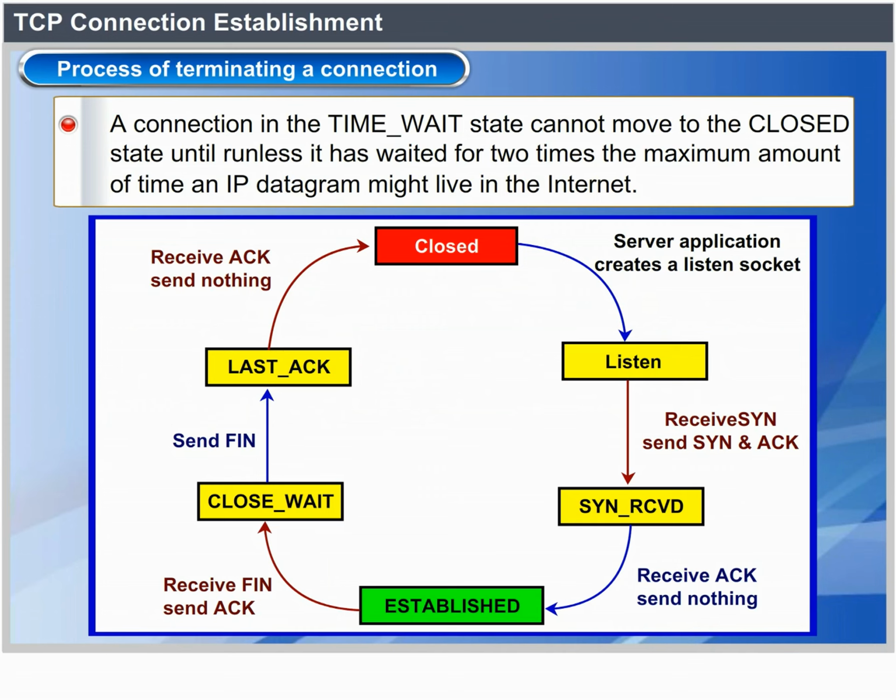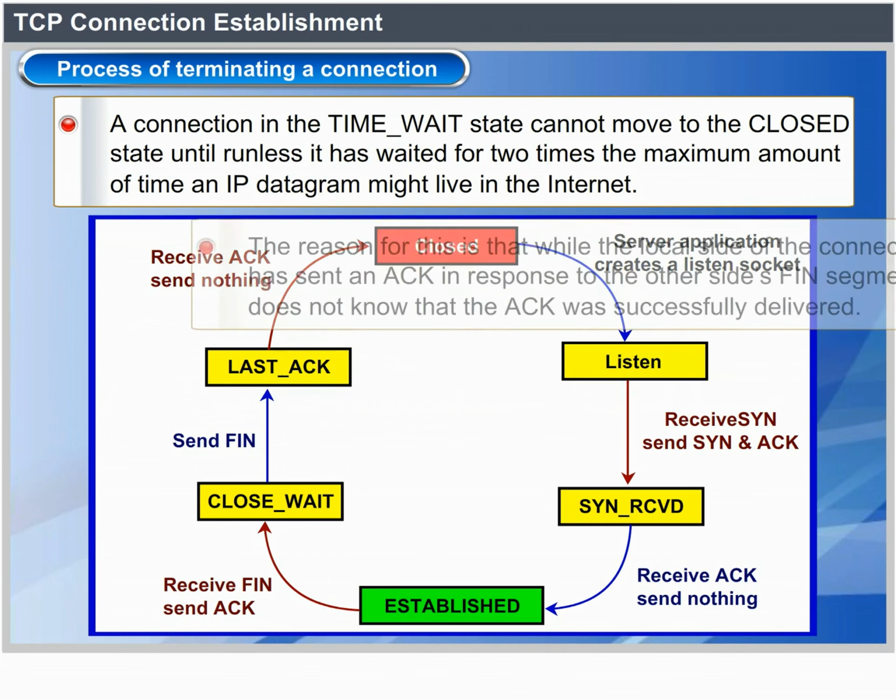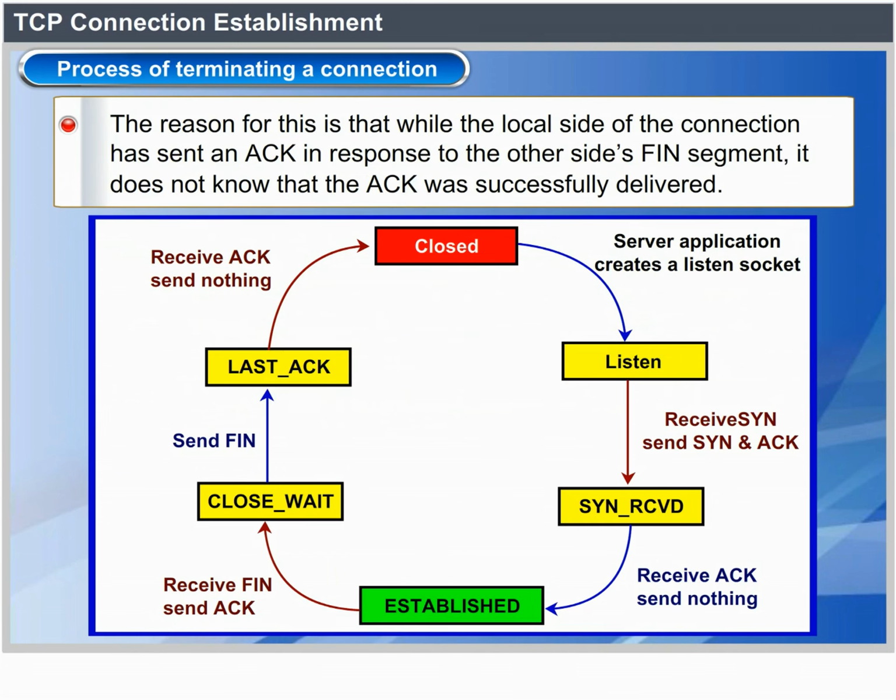A connection in the time_wait state cannot move to the closed state until it has waited for 2 times the maximum amount of time an IP datagram might live in the internet. The reason for this is that while the local side of the connection has sent an ACK in response to the other side's FIN segment, it does not know that the ACK was successfully delivered.